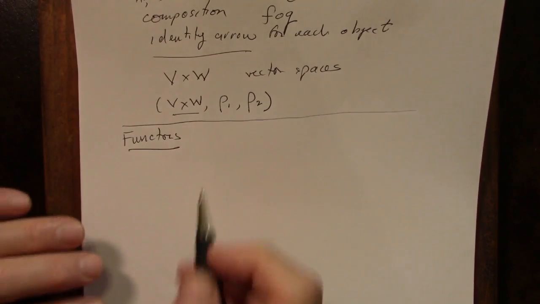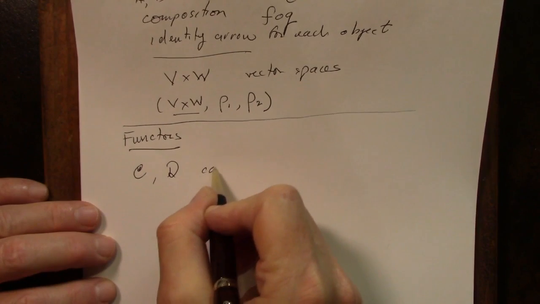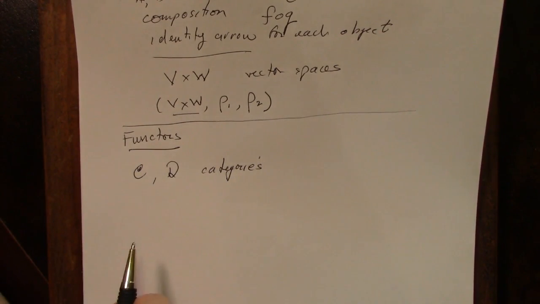So if we have two categories, C and D, how are we going to define a morphism from C to D?